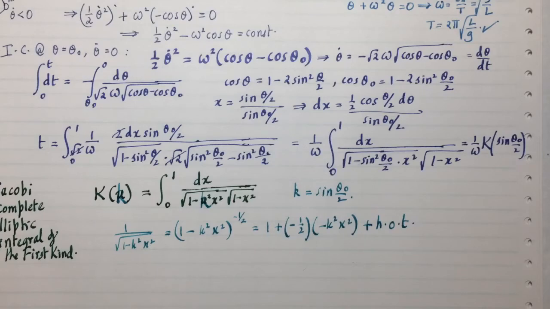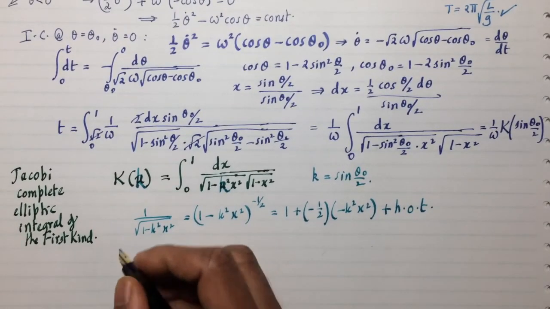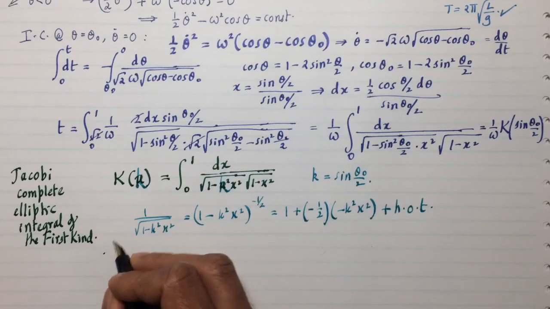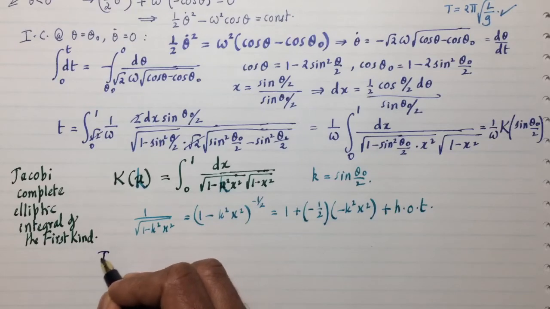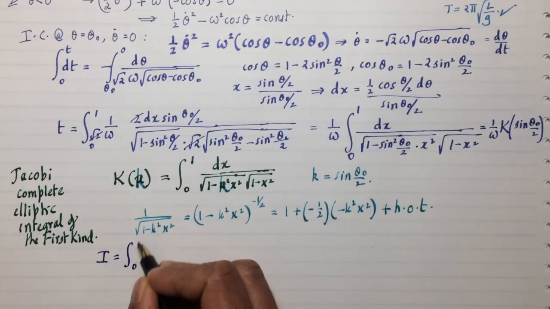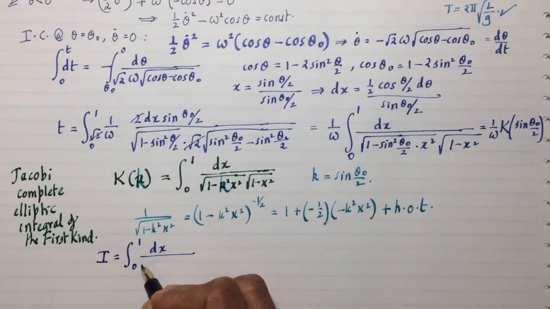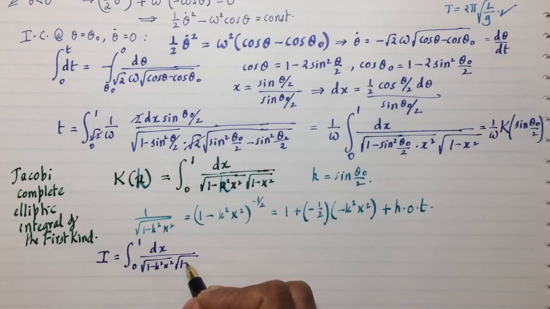So the integral that I have to evaluate, I, is the integral from 0 to 1 dx over the square root of 1 minus k squared x squared times the square root of 1 minus x squared.